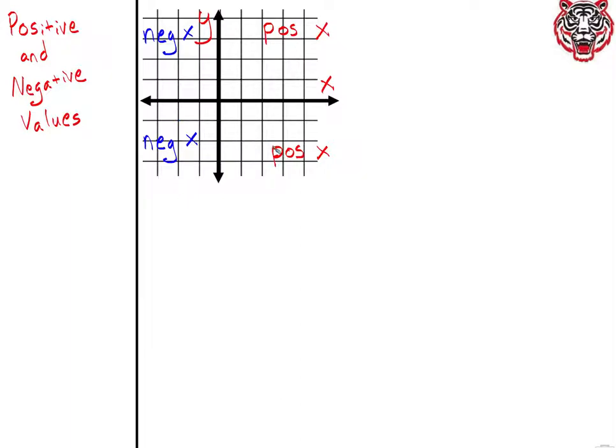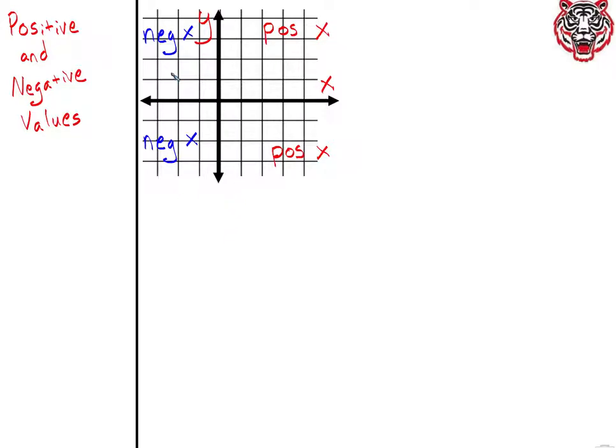And then finally we talk about y. Y is going up and down. Where is positive? Where is negative? Top and bottom I'm looking for. How many people know this? I see 2 people that know it, Colby and India. Where are positive and negative values? All right, Colby, go for it.